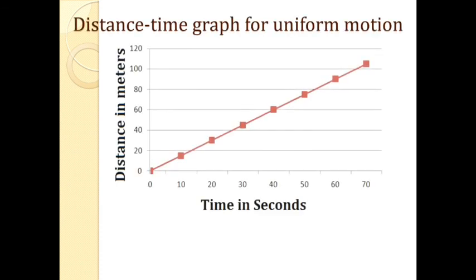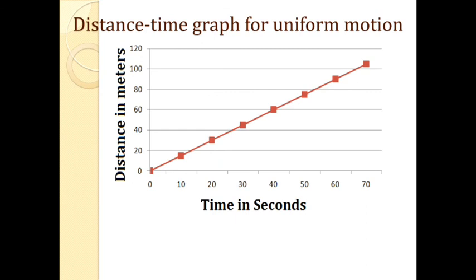Let's try to plot the graph. To plot the graph, we'll take time in seconds on the x-axis and the distance in meters on the y-axis. See, on the x-axis we have taken the unit of 10 seconds and on the y-axis we have taken the unit of 20 meters.